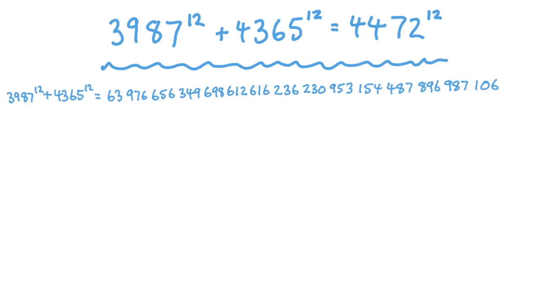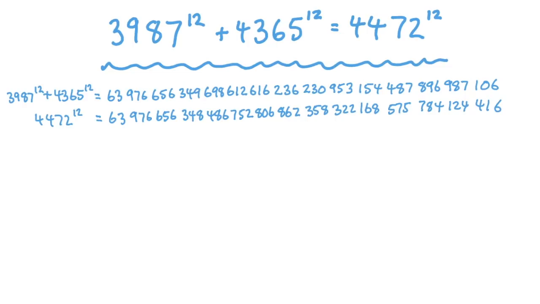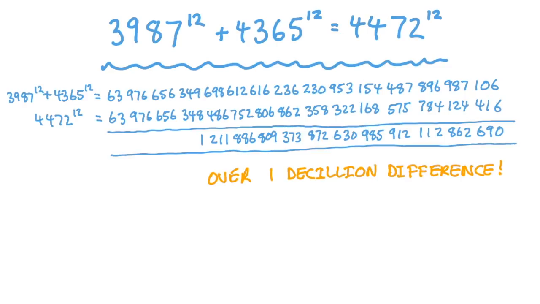Look, if we do the calculation accurately, we get this for the left-hand side and this for the right-hand side. And the difference is over 1 decillion. Now your calculator didn't spot it because it was only concentrating on these 10 significant figures up here, and they're all exactly the same.